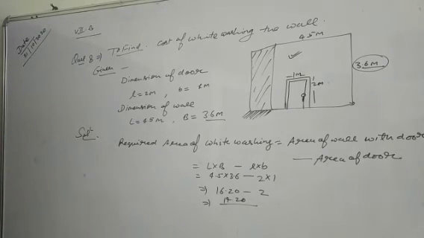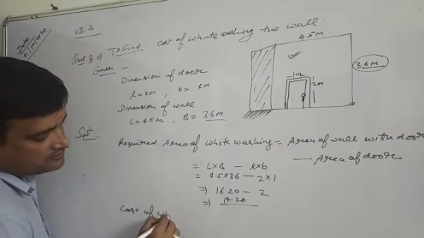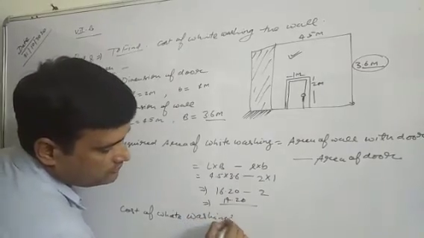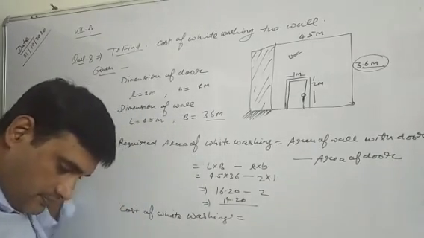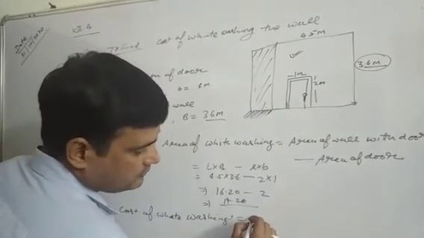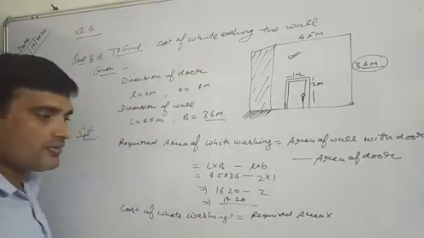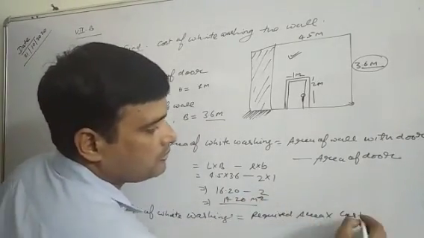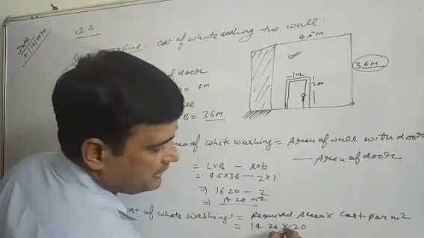Now cost of whitewashing. Cost of whitewashing is equal to required area into cost per meter square. 14.20 multiplied with rupees 20.